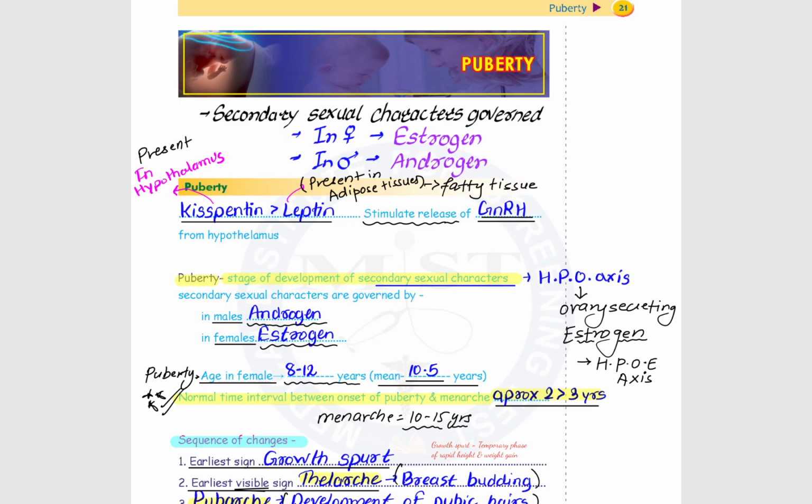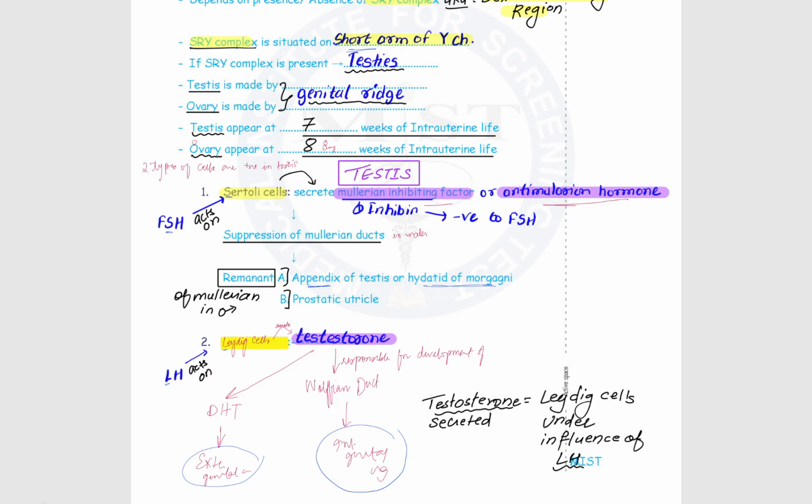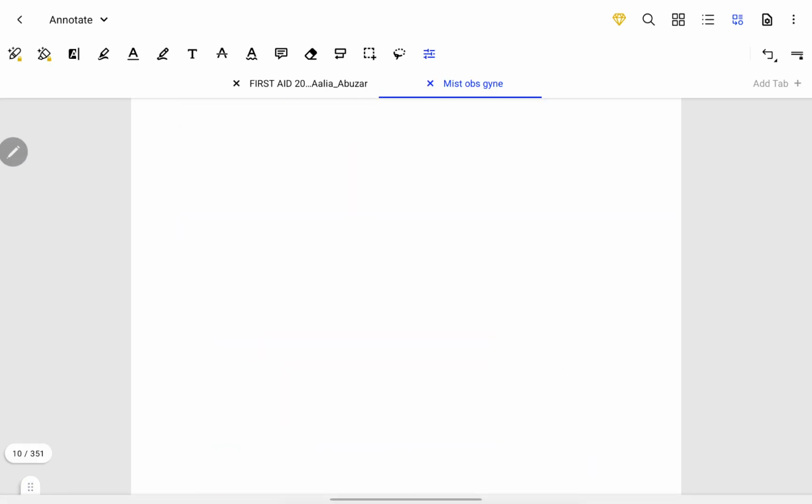Kisspeptin is present in hypothalamus, and leptin is present in adipose tissue or fatty tissue. Who mainly stimulates the release of GnRH? Kisspeptin more than leptin.